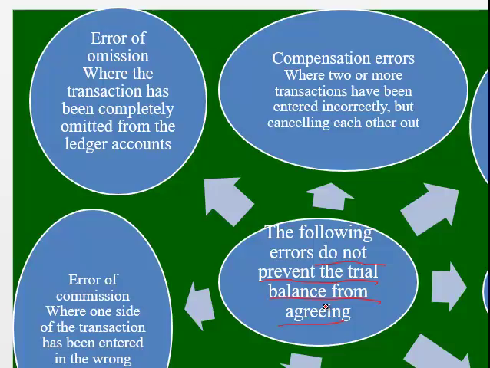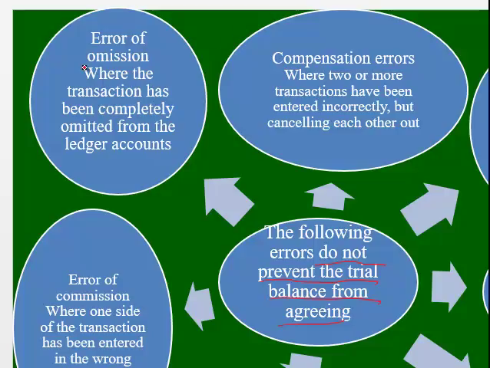And this is the most difficult aspect of this job, because if I have an error that affects the trial balance, I can easily know there is a problem. But if the trial balance agrees and I think all is well, a lot of errors might have been committed, and the errors will not be known. So we quickly look at these errors one after the other and see what they mean.